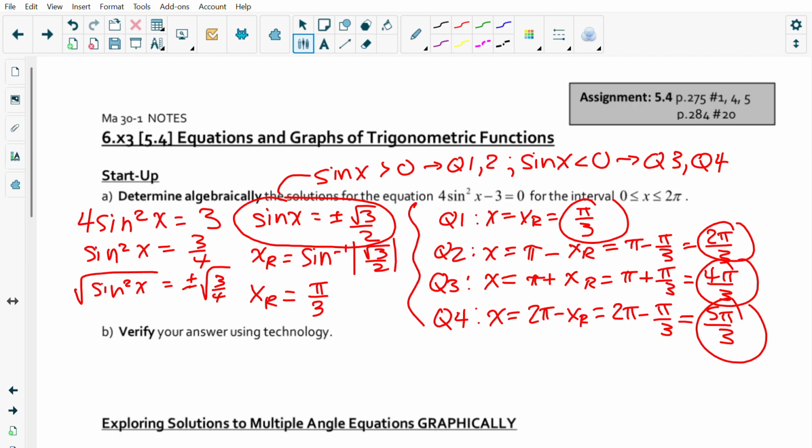So verify your answer using technology. So I'm going to graph this using my x window is 0, 2 pi, and pi/6. And my y window is -4, +4, and 0.5.